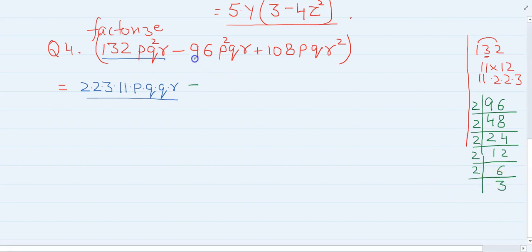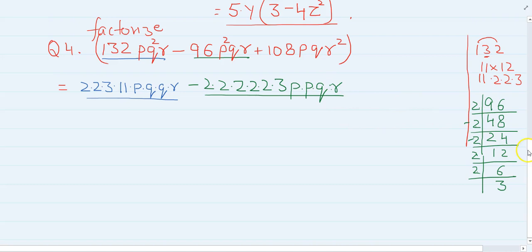So the factors of 96p²qr will be 2 multiplied by 2 multiplied by 2 multiplied by 2 multiplied by 2, and multiplied by 3. Then p² is p, p, and q and r. So these are the factors of 96p²qr.